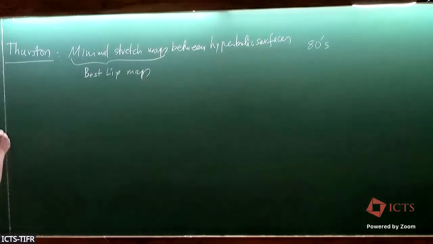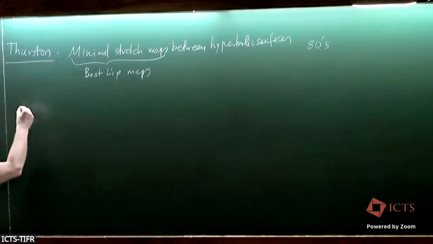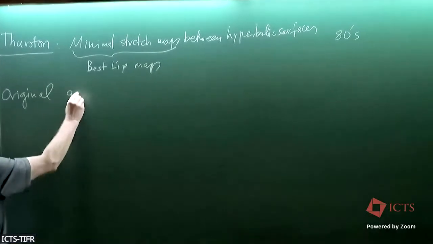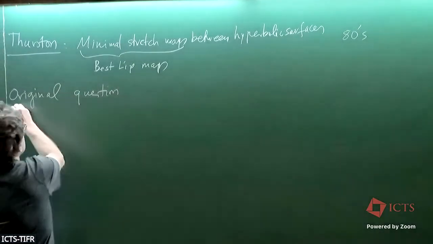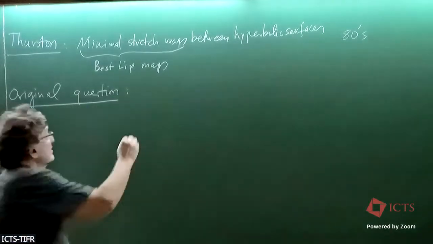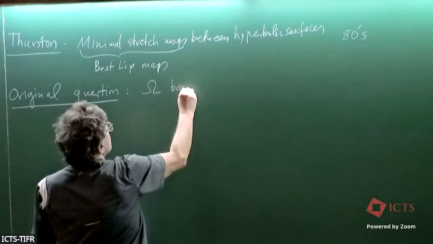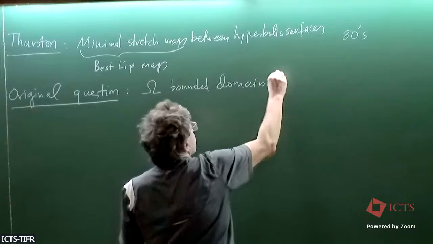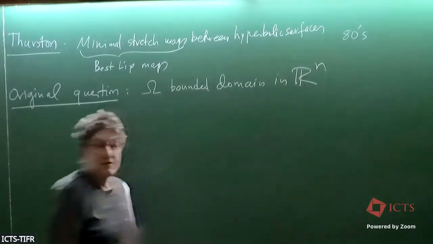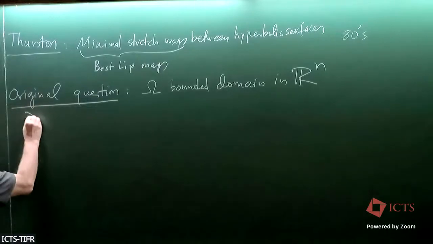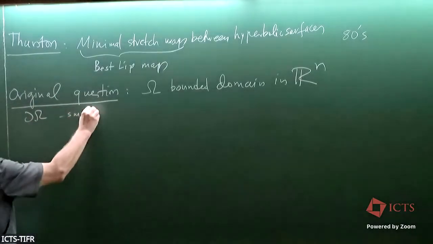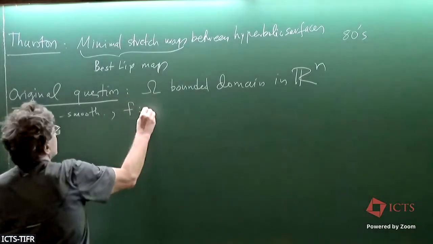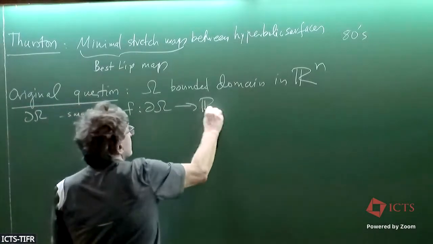The original problem that people looked at much before Thurston is that you start with some bounded domain Omega in R^n, let's say with a smooth boundary. And then you also have a Lipschitz map f from the boundary of Omega to R.